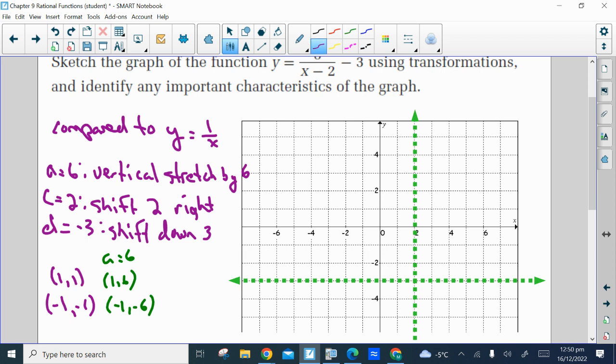But now we're going to have a c value of +2 and a d value of -3, which means we're going to add 2 to all the x values because it's going to go 2 to the right. So the x value becomes 3 and +1. If we go 2 to the right, we're adding 2 to all the x values. And we're going to subtract 3 from the y values. 6 take away 3 is 3, and -6 take away 3 is -9.